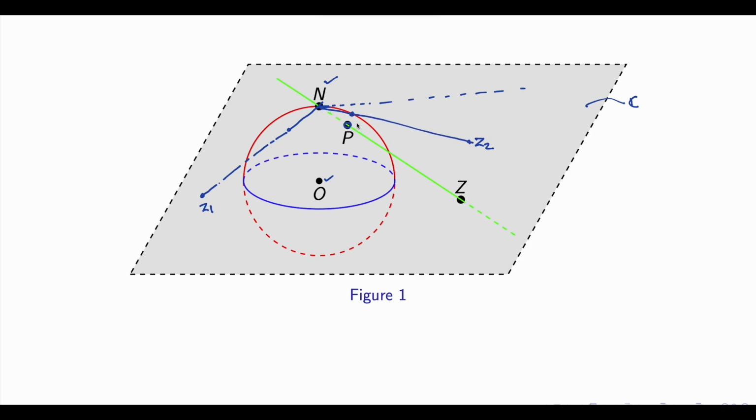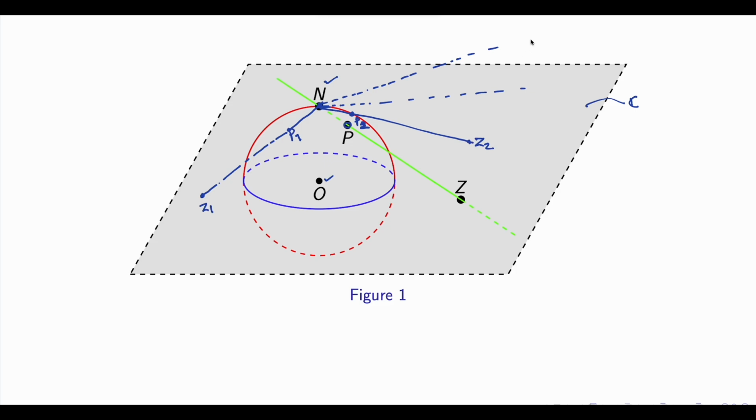This is your P3 point. For example, Z1, this is your P2 point, and so on. So only the North Pole maps to the point at infinity in the complex plane.